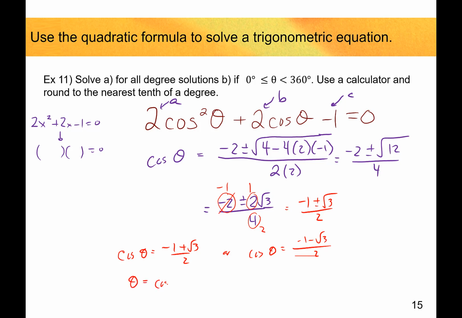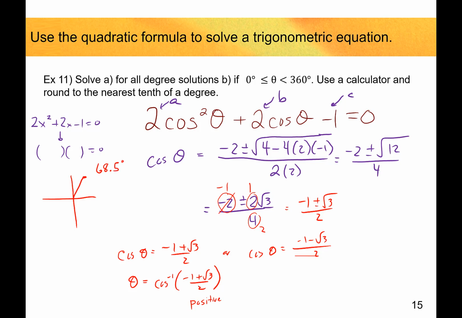You're going to say cosine inverse of negative 1 plus root 3 over 2, and then just make sure it's positive, because what we really want is the reference angle. We want to know what's happening in quadrant 1, and then we go from there. So punch this into your calculator. Negative 1 plus root 3 over 2, and then take the cosine inverse of it, and we get ourselves 68.5, I believe.